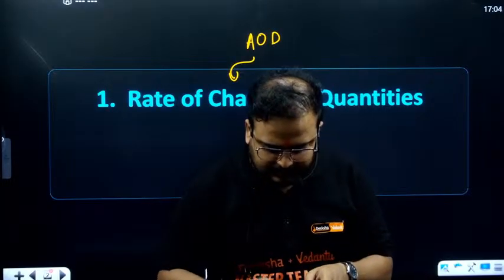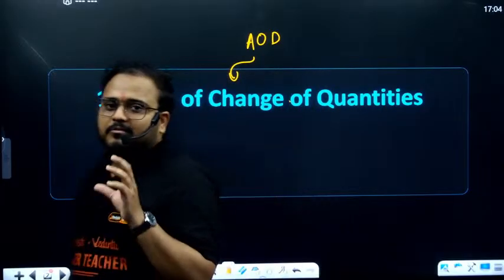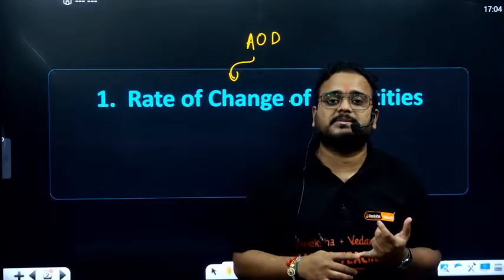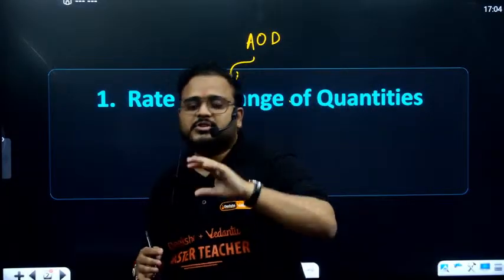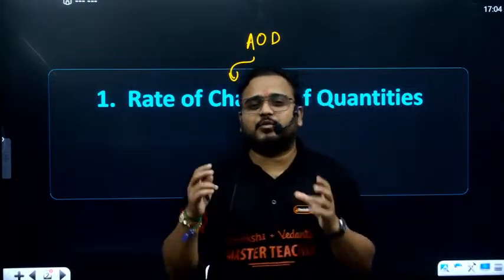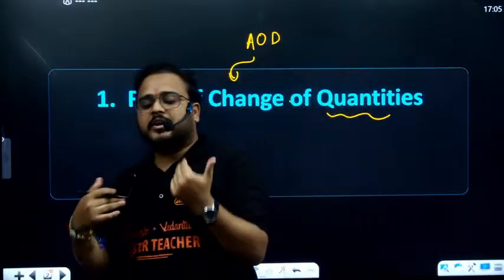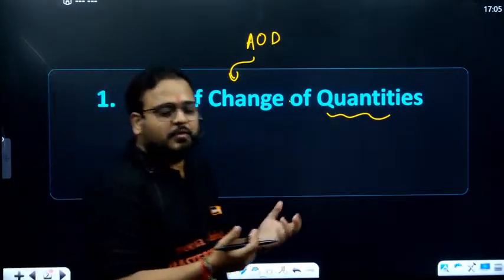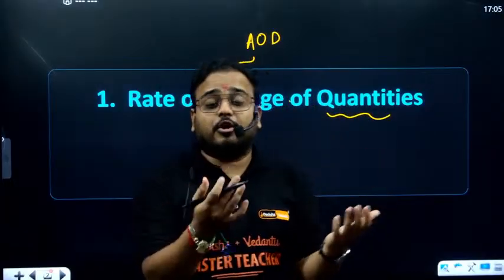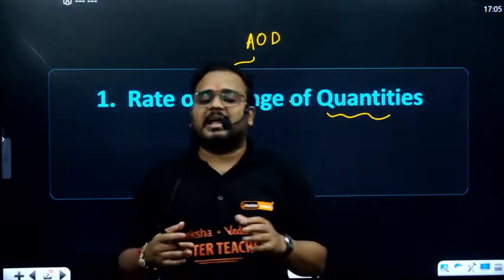We can take concepts like volume change, area change, velocity, displacement, all these different types of change of quantities. That's why we have the word quantities here. Different physical quantities that you learn in physics are going to be dealt with here. Change of volume with time, change of volume with the radius itself, all of this will be there. We'll see different types of questions also.